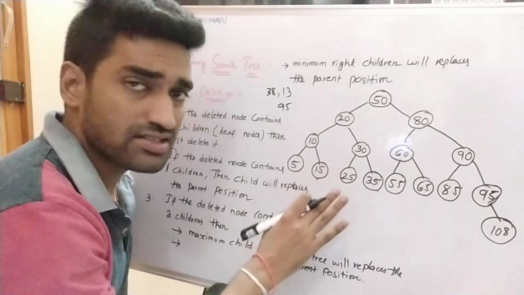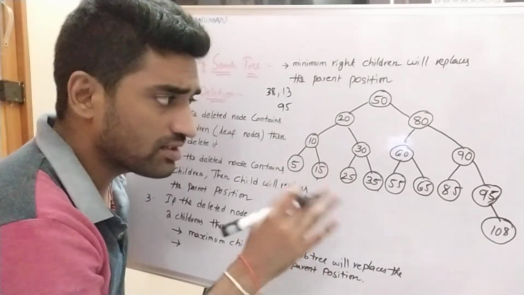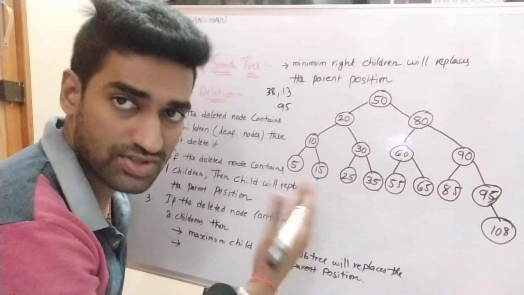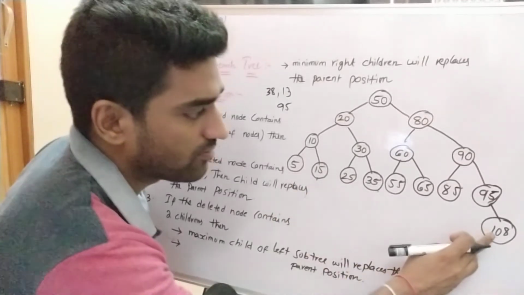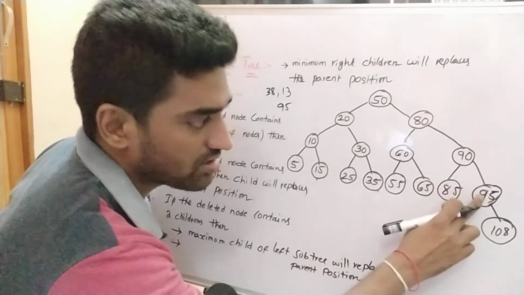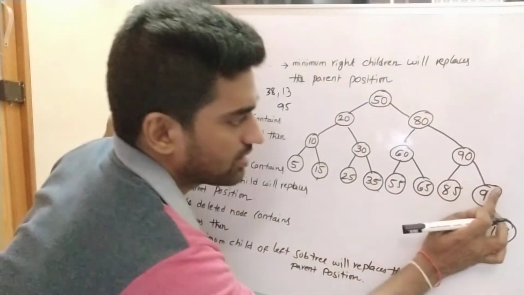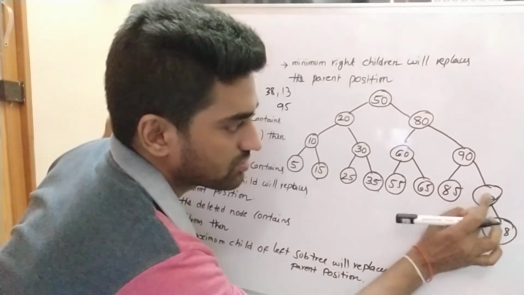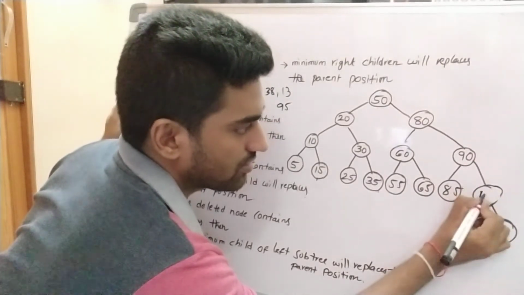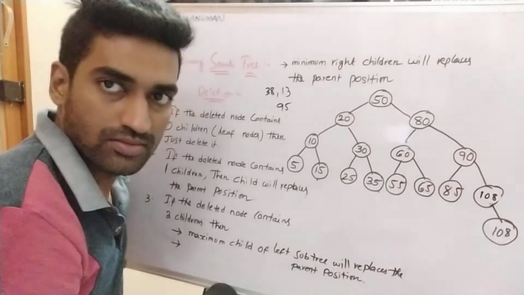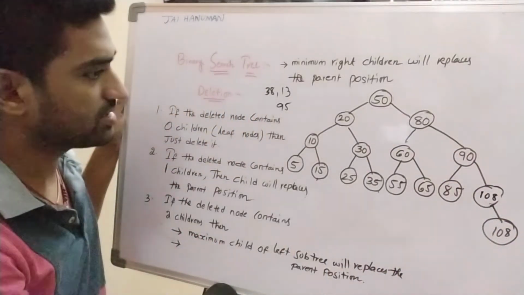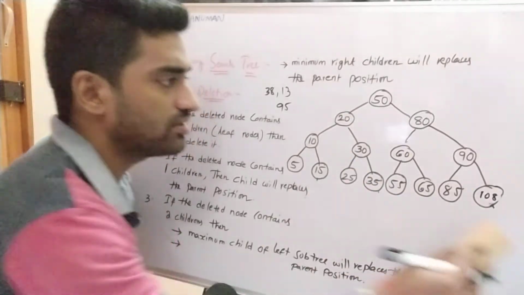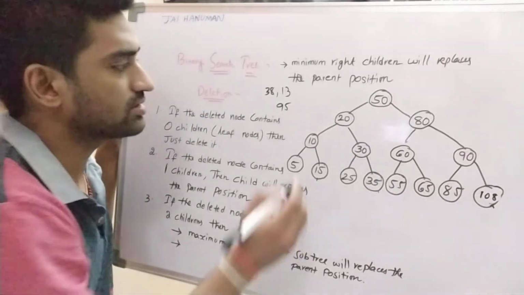In BST deletion, internal node deletion is not possible, we can just replace the positions. So 108 replaces the position of 95, the child replaces the parent position. Then I am deleting 108.